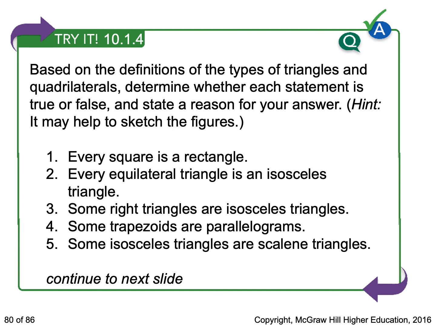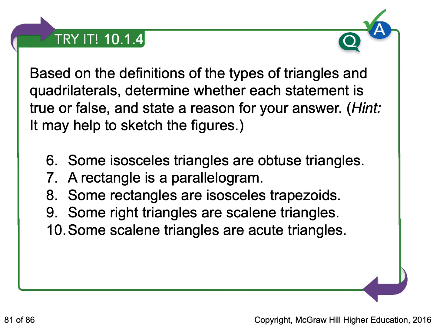So look at the definition of a square, look at the definition of a rectangle, and determine if that is true. Can everything that it's saying about a square, for instance, be considered a rectangle? So there are 10 questions for you to answer for Try It 10.1.4.